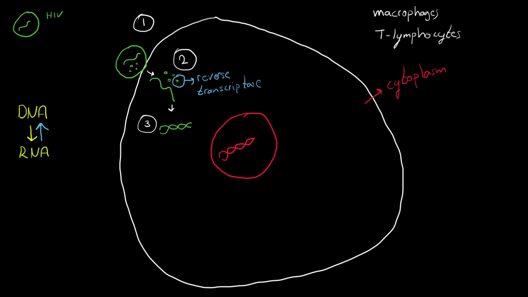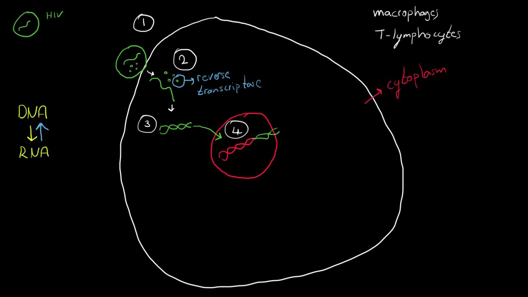Now the DNA that is created is going to use other enzymes in order to insert itself into the nucleus of the host cell. And again, the host cell might be a macrophage or a T lymphocyte. So step 4 will be when the DNA of the virus, or the viral DNA as we call it, gets incorporated, integrated with the human or host DNA.